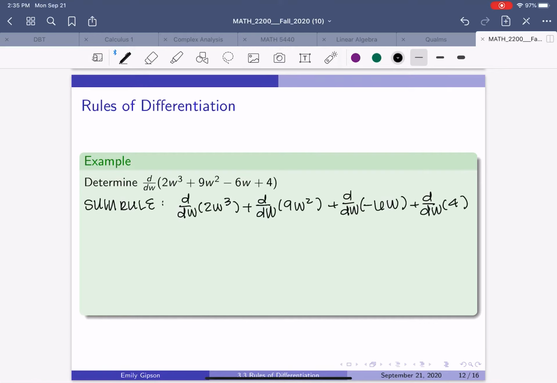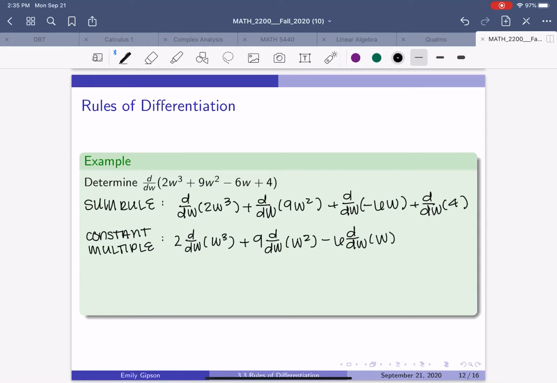Now I'm going to use the constant multiple rule and pull out all those constants in front of my derivatives. So I get 2 d dw of w cubed plus 9 d dw of w squared minus 6 d dw of w. And there's no constant to pull out here because this is just a constant, so this term goes to 0.